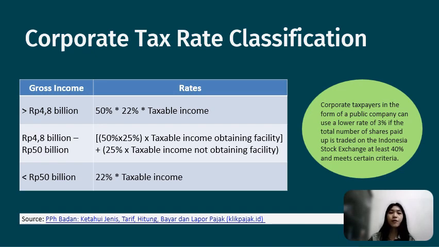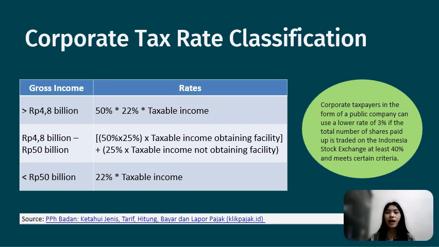So the rate is 50% times 25% times taxable income obtaining facility plus 25% times taxable income not obtaining facility. And the third one is if the gross income of the corporate is more than 50 billion, so the rate is 22% times taxable income.